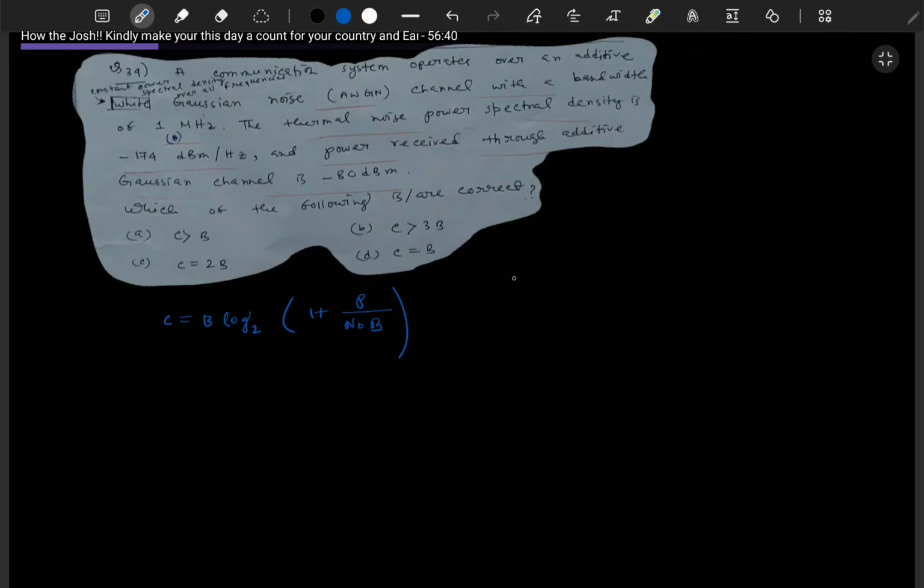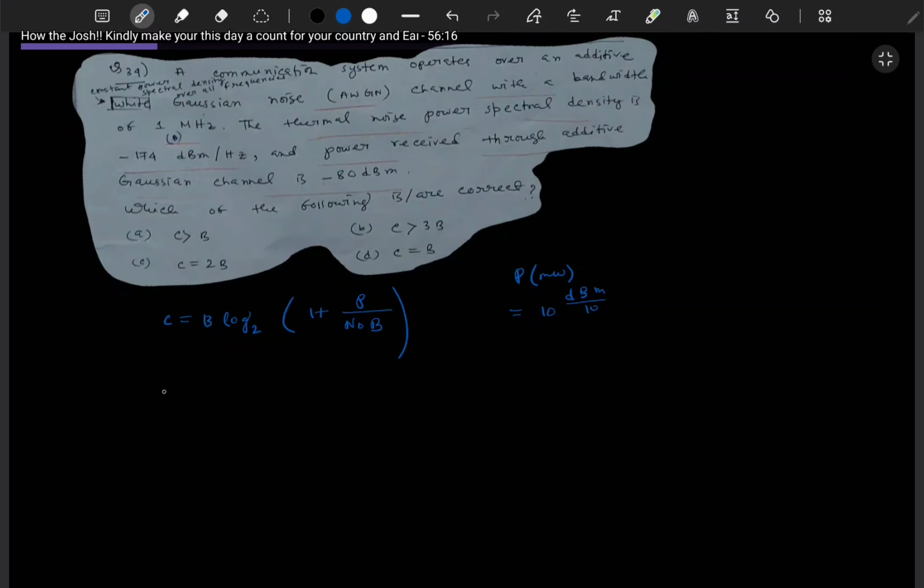Two things you can remember here: power in milliwatt equal to 10 to the power dBm value by 10. And also the reverse I have written already in previous problem.